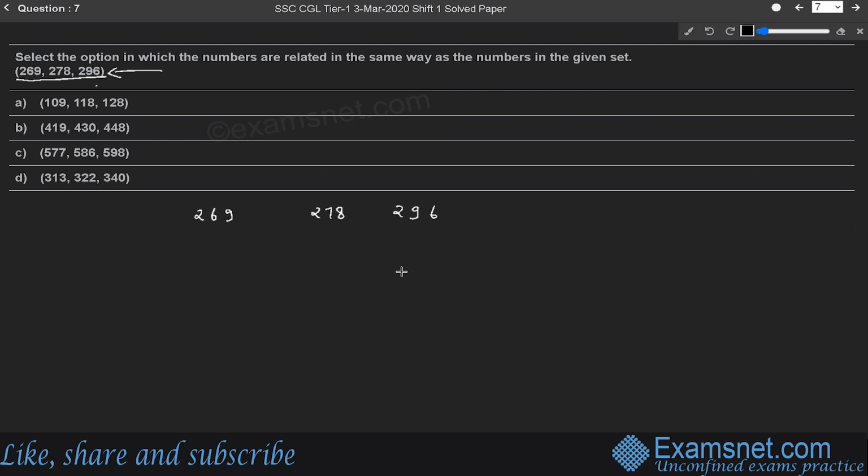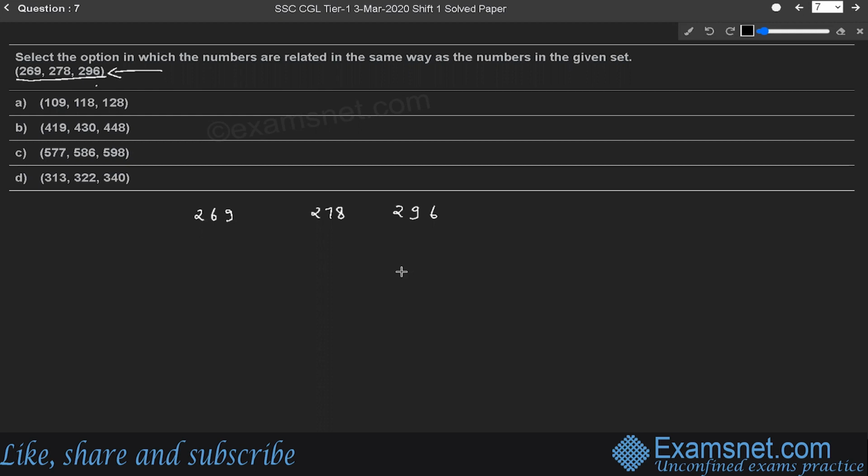It is clear that there are three numbers in the given set. Now, in order to find the numbers that are related in the same way as this set, we have to firstly understand the logic or pattern of this question. If you got the logic, then you are done with this question. Okay. So let us understand the pattern here. The pattern that is followed here is, if 9 is added to first number, then it gives second number. And if 18 is added to second number, then it gives third number.